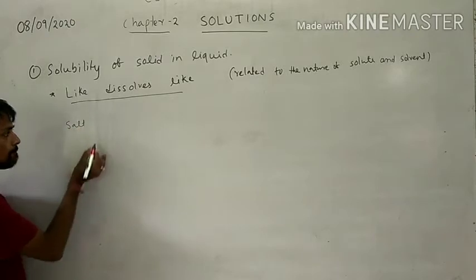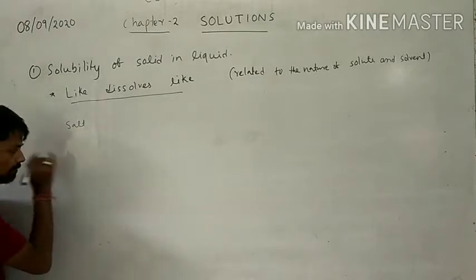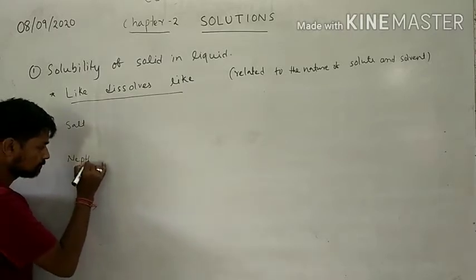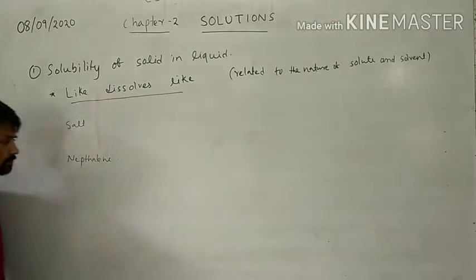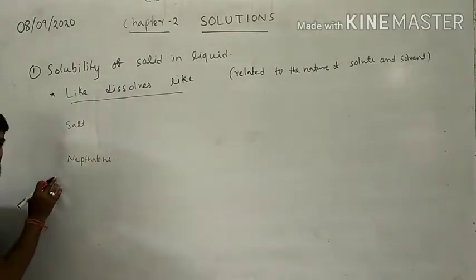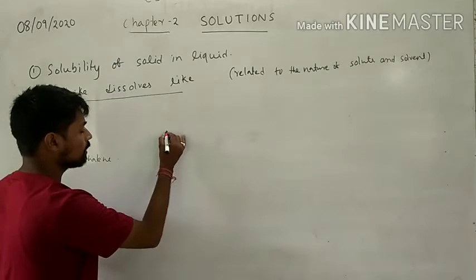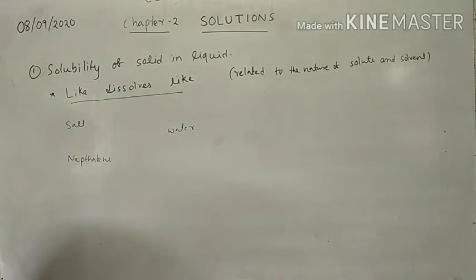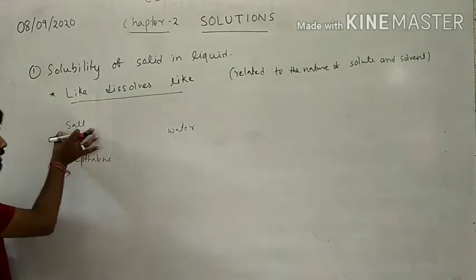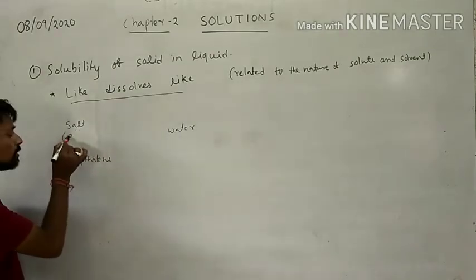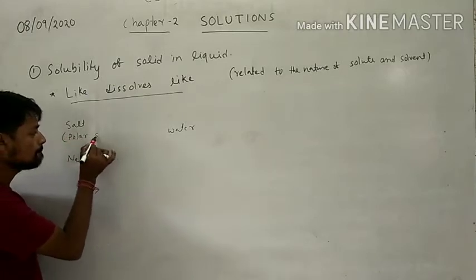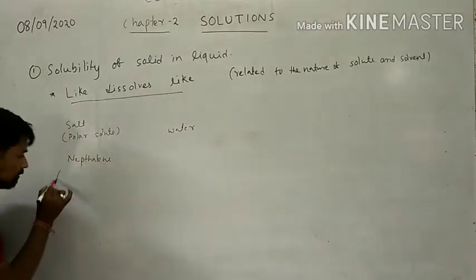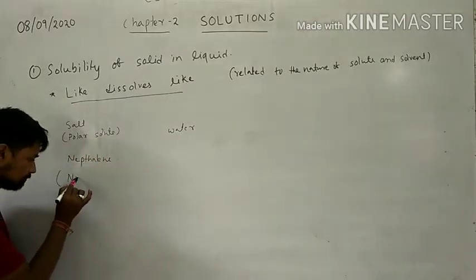Salt and naphthalene. These are two solutes which we are trying to dissolve in water. Both of them we are trying to dissolve in water. The salt is a polar solute. On the other hand, naphthalene is non-polar.